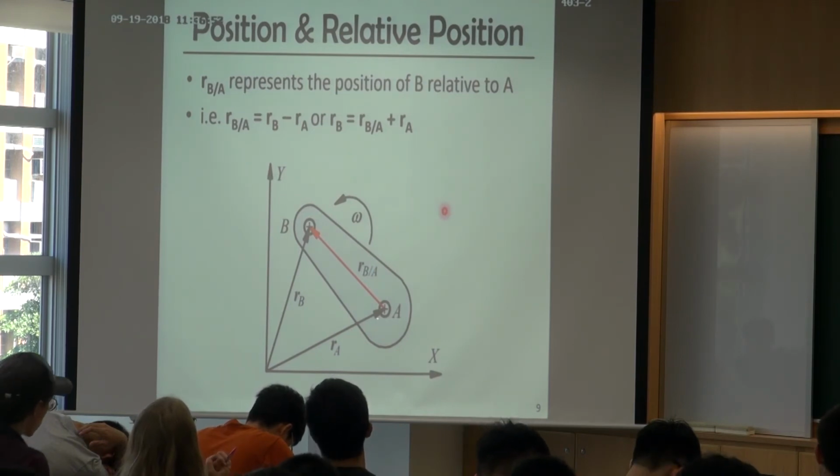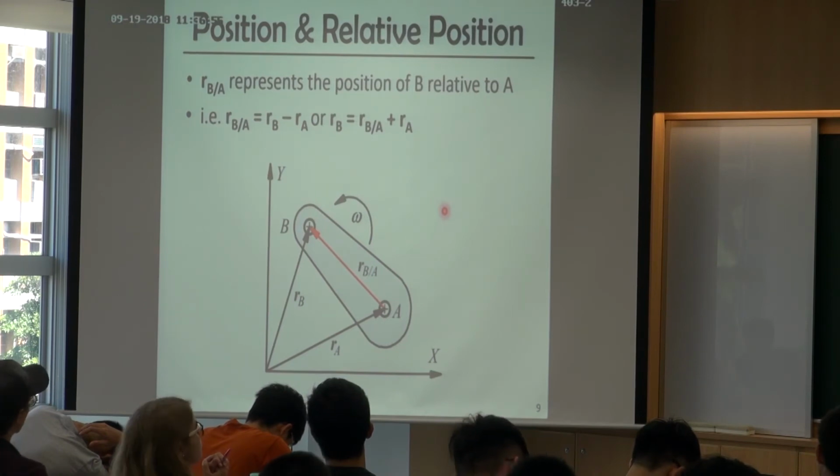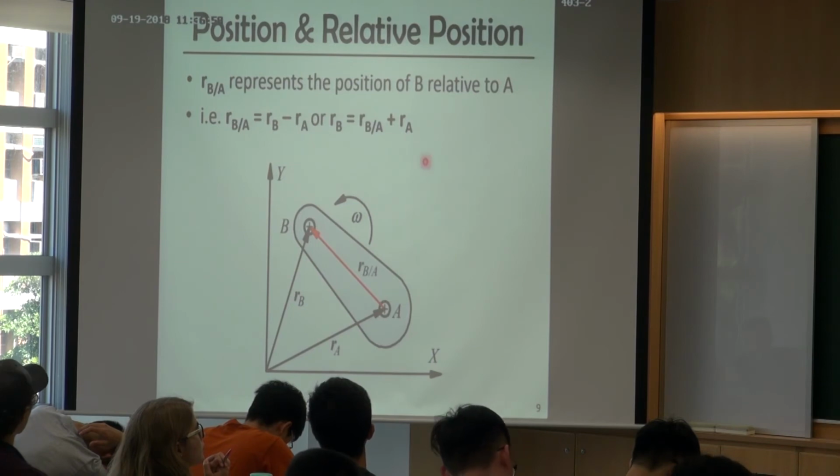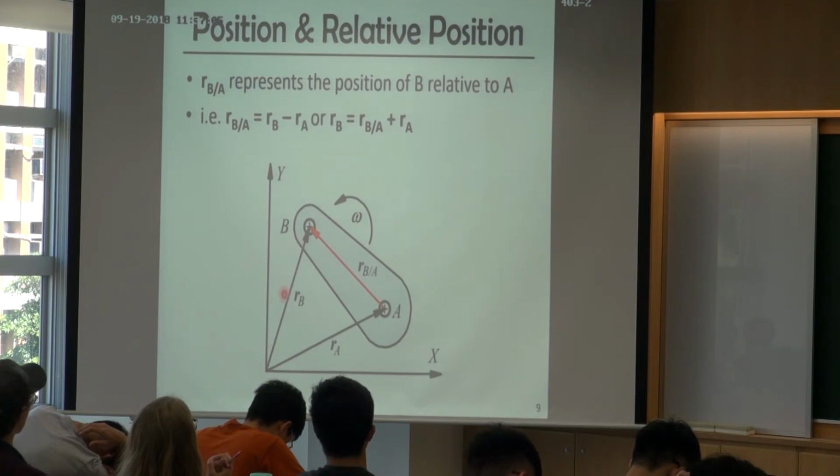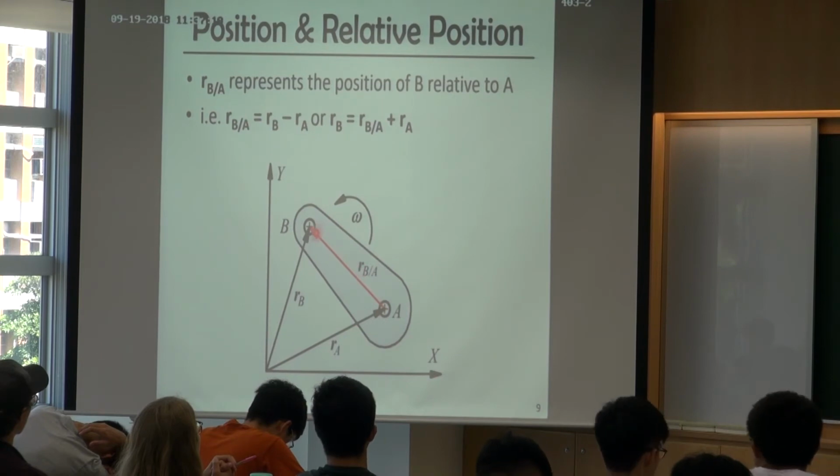From this triangle, RB/A equals RB minus RA. Or in other words, RB equals RA plus RB/A.